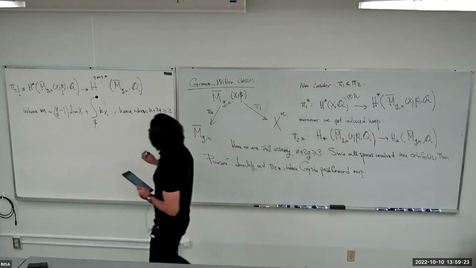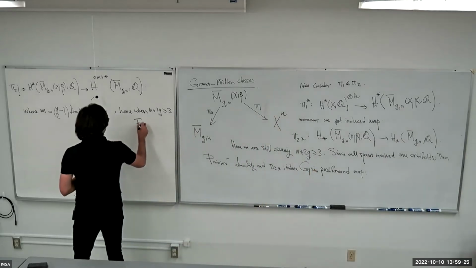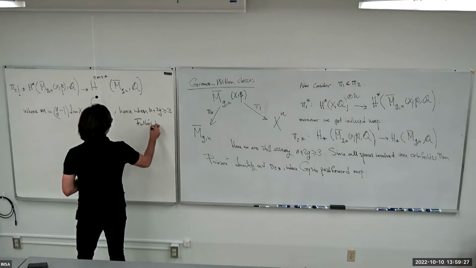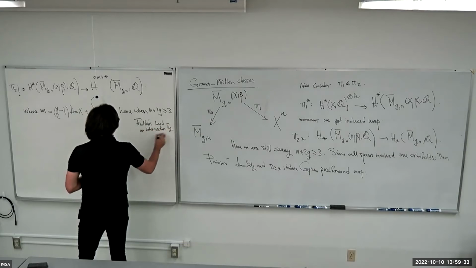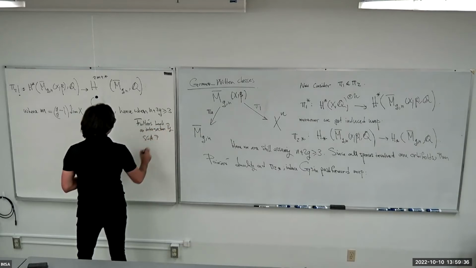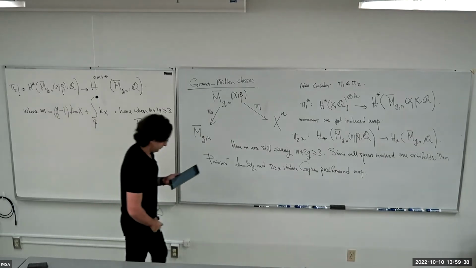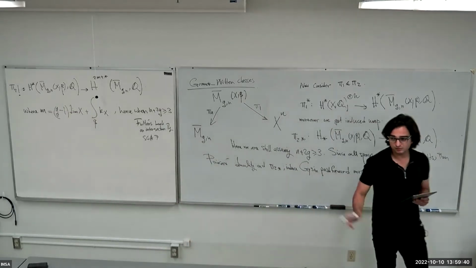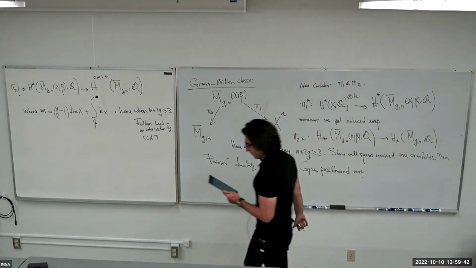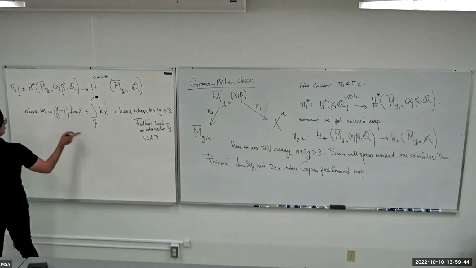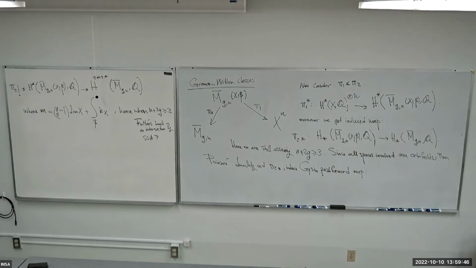For this, Fulton's book on intersection theory is really the best source. So you get the pullback and then push forward via the Gysin map.